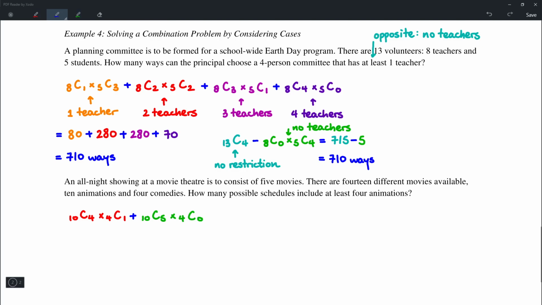And again, just like before, using a calculator, 10 choose 4 times 4 choose 1 is 840. And then 10 choose 5 times 4 choose 0 is 252. So there are 1,092 possible schedules.